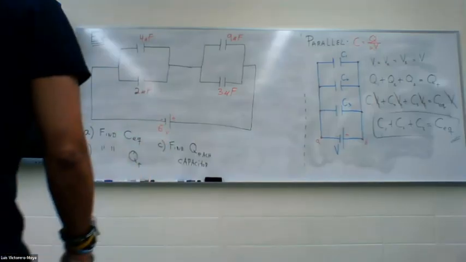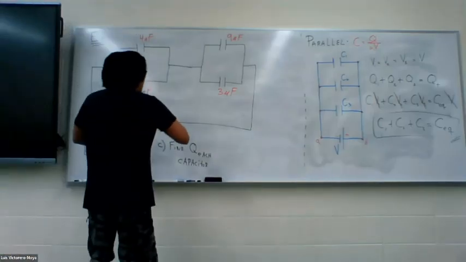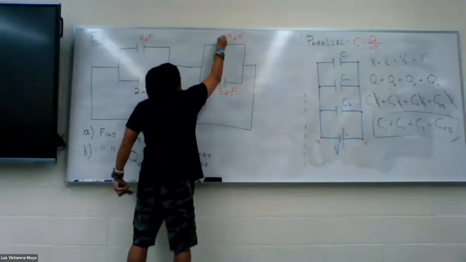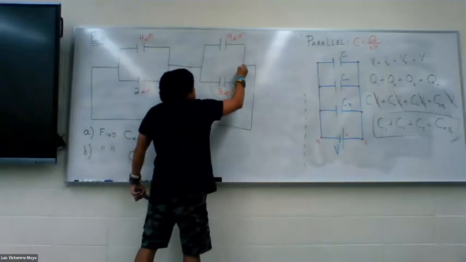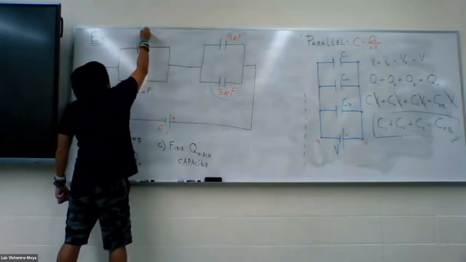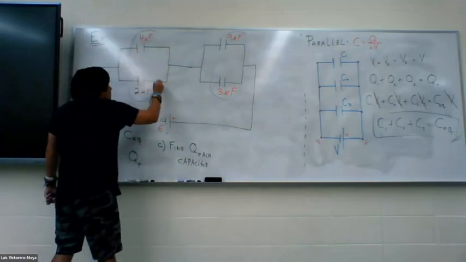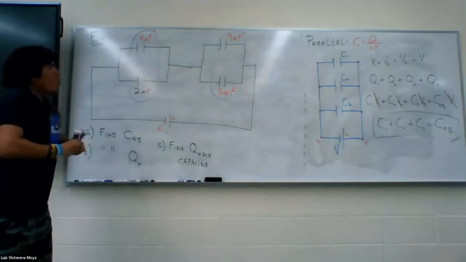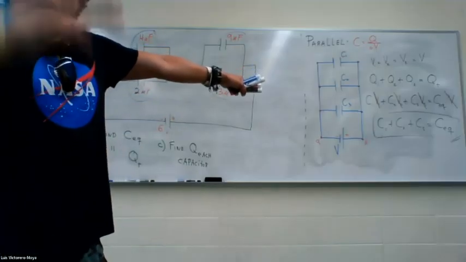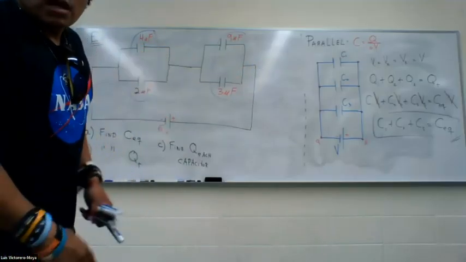Well, let's see. These capacitors here are in parallel. And also these 2 are in parallel. We join parallel capacitors by adding them.